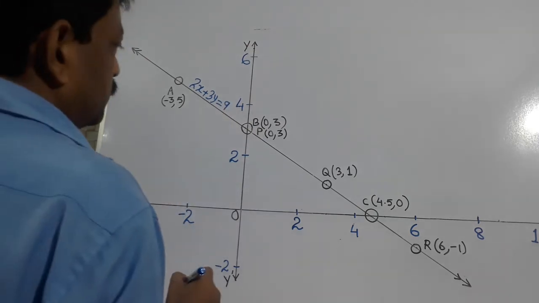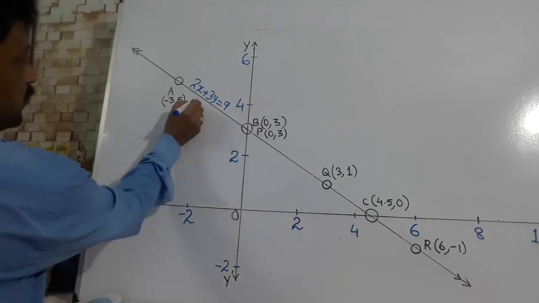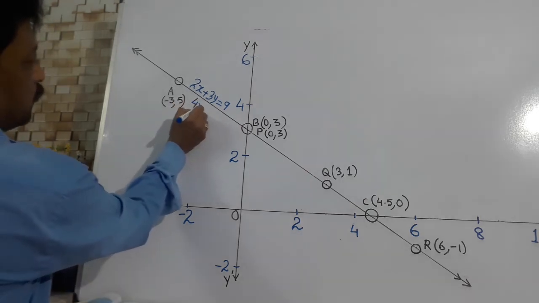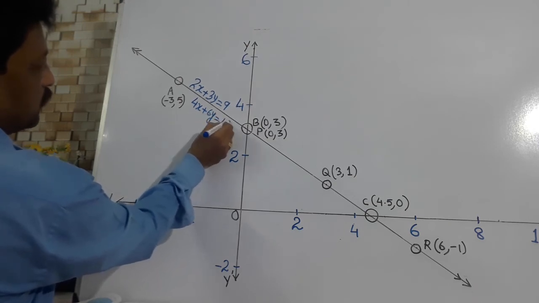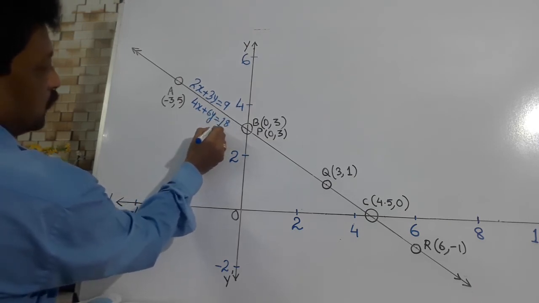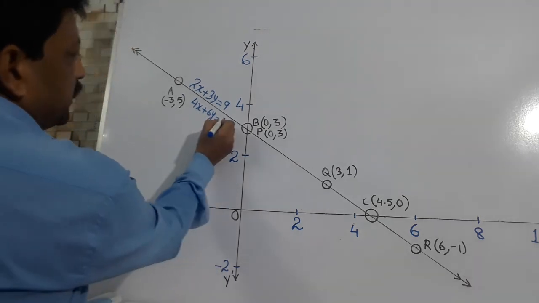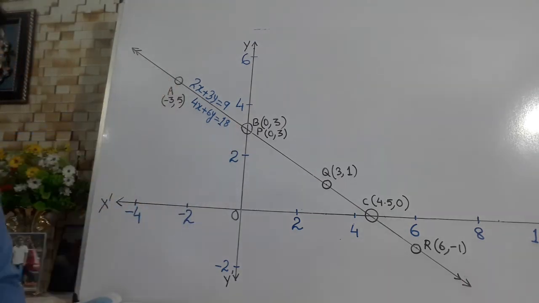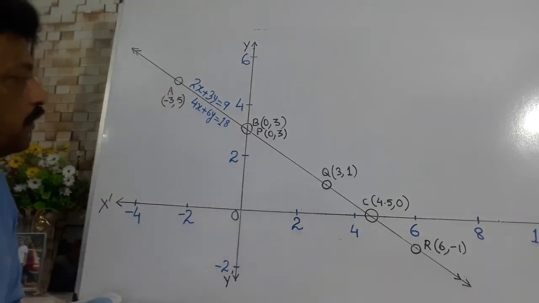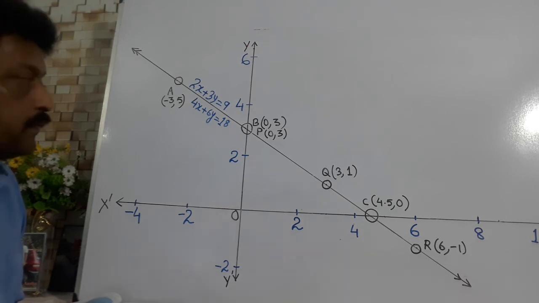This was the first equation, and the second equation is 4x plus 6y equals to 18. Since both the equations represent the same line, I have written the equations on the same line in this way. Therefore, this is known as coincident line.